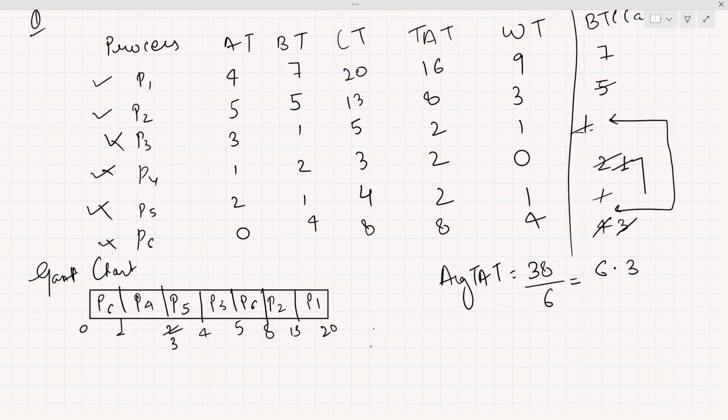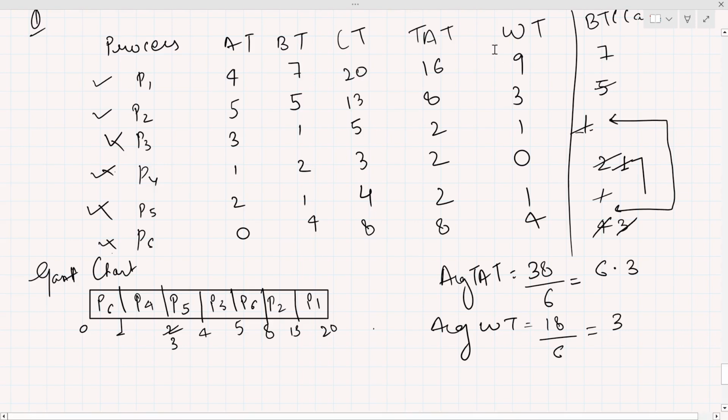So the average turnaround time will be 6.3, and the average waiting time is 18 divided by 6, so it's 3. So on average a process has to wait 3 units of time, and on average the turnaround time of a process, meaning the time a process spends in the system, is 6.3 units.